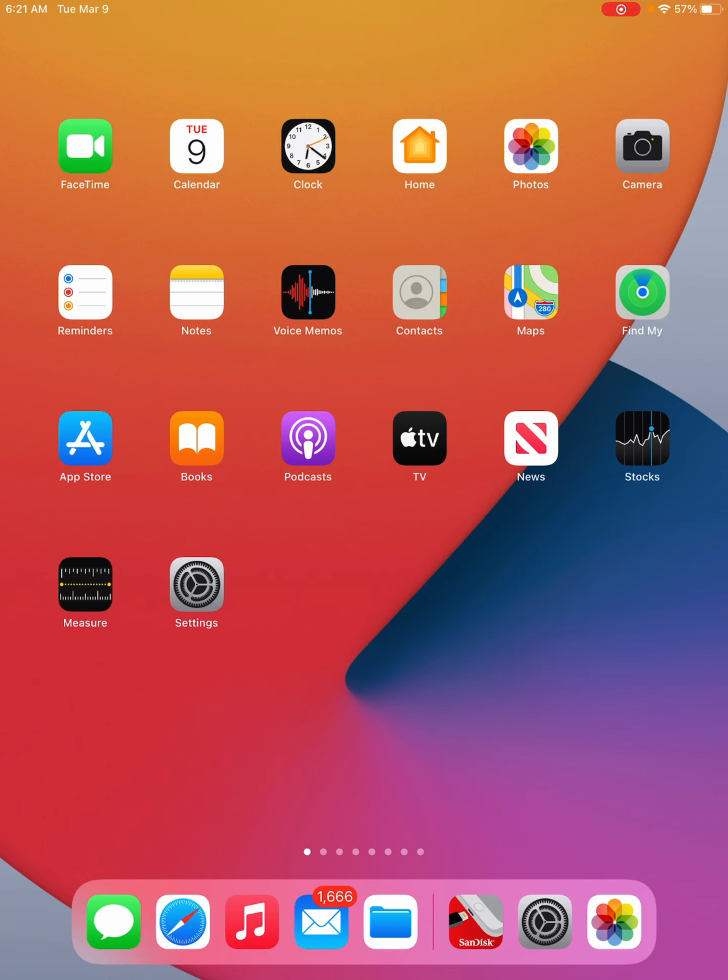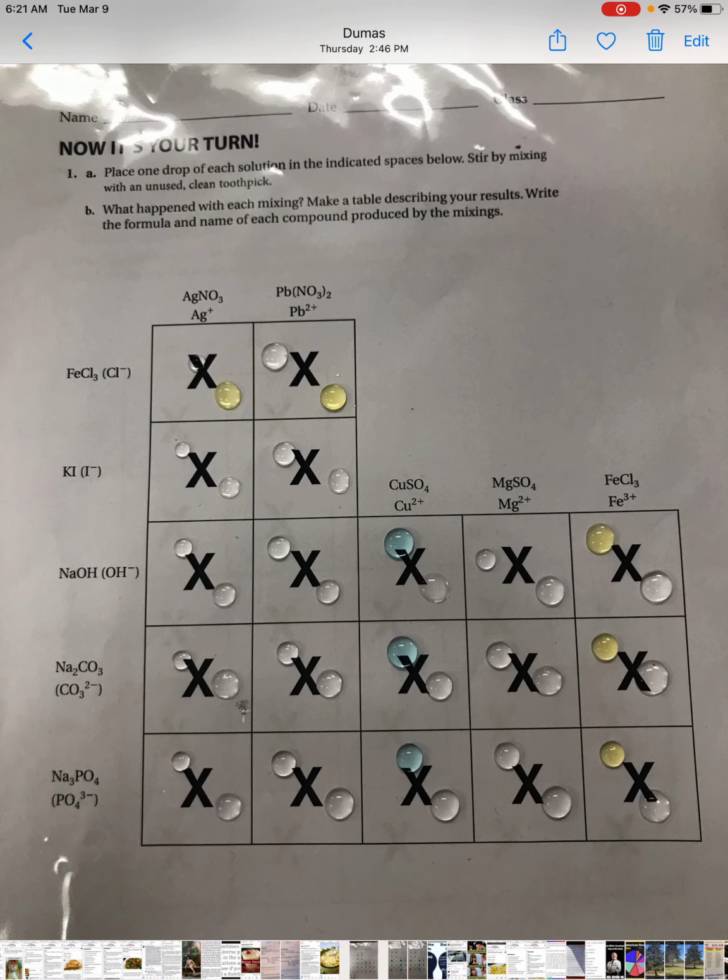So when we look at what we did, we mixed different chemicals. For example, silver nitrate here with iron chloride in the top left, and we put a drop of silver nitrate all the way down the row, and then in the row next to it, going down, we added a drop of lead nitrate.